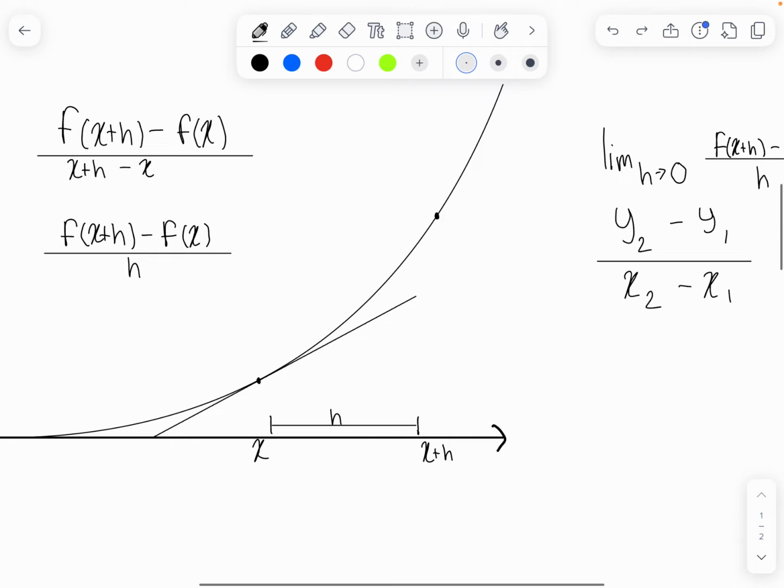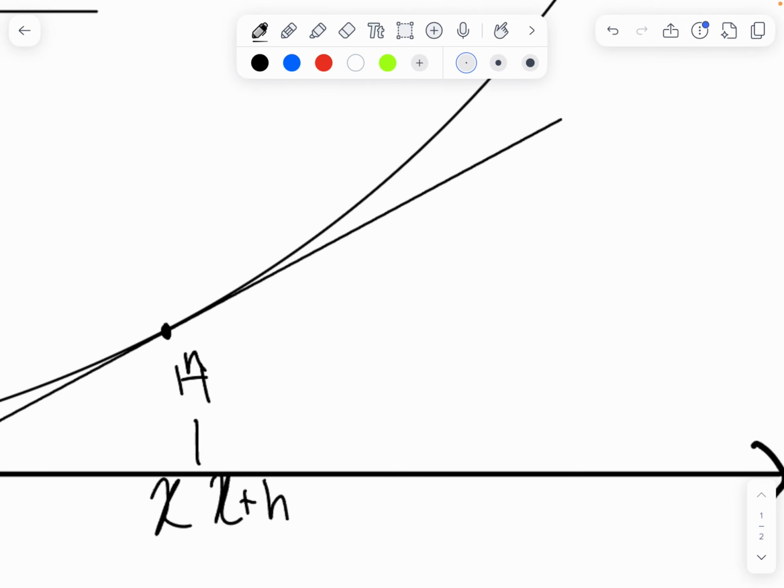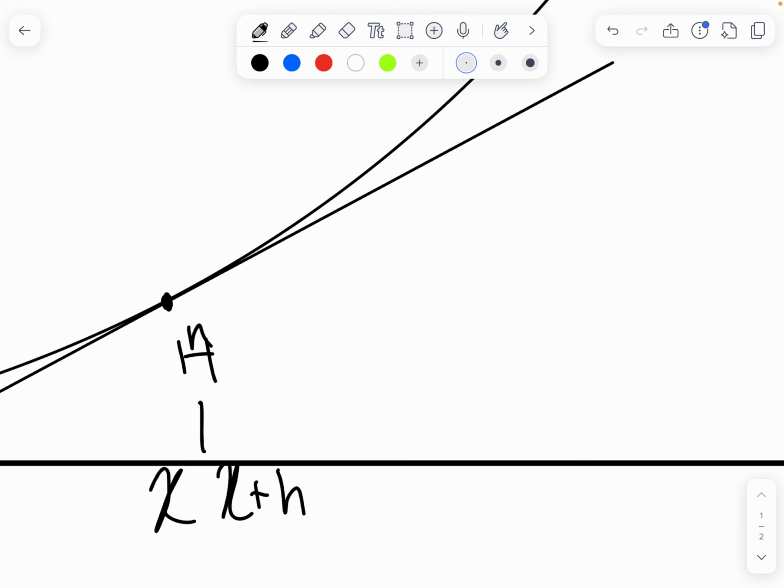So at a point where the distance becomes so small that it's negligible to us, we can just say that that is a tangent. So basically, if you made h ridiculously small, so basically you moved h all the way over here, right? So the distance of h is so small, it's right here, that it infinitely approaches 0. So what happens when it infinitely approaches 0?